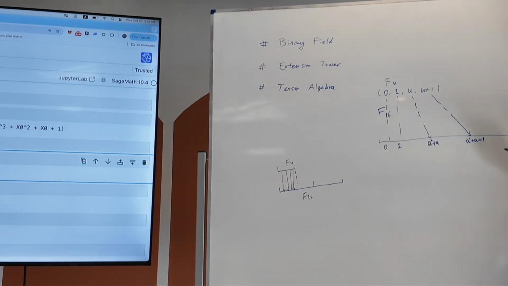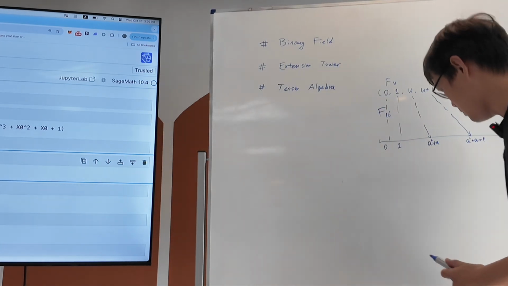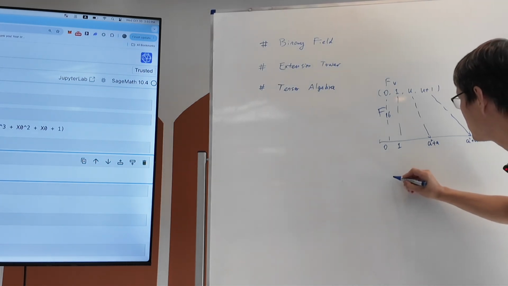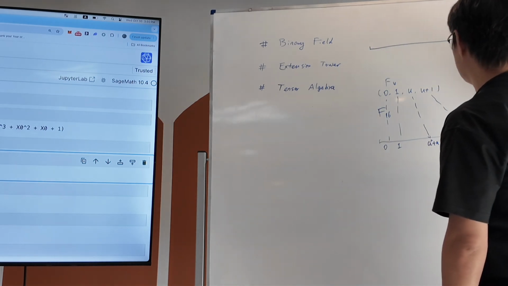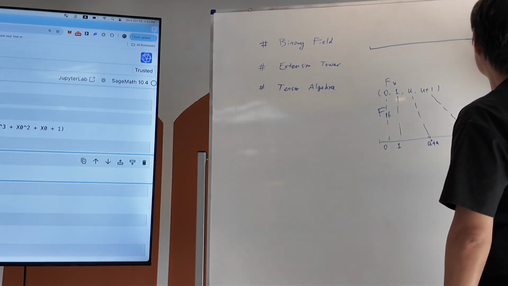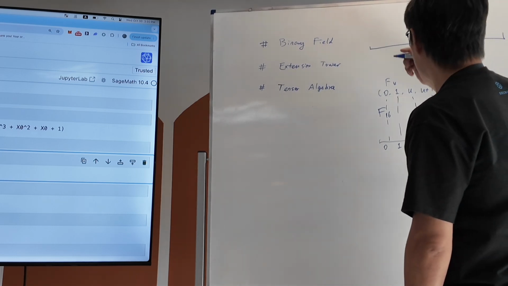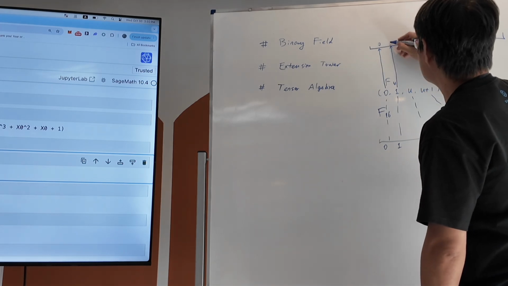Now what we want to do is find another map or extension. Here, F16 prime: we just directly map 0 to 0, 1 to 1.